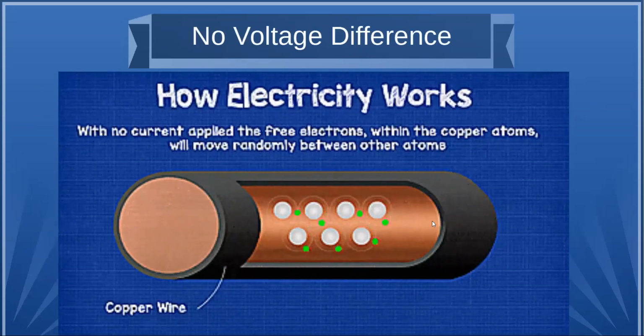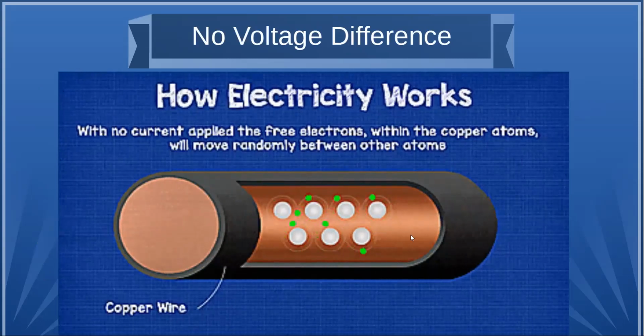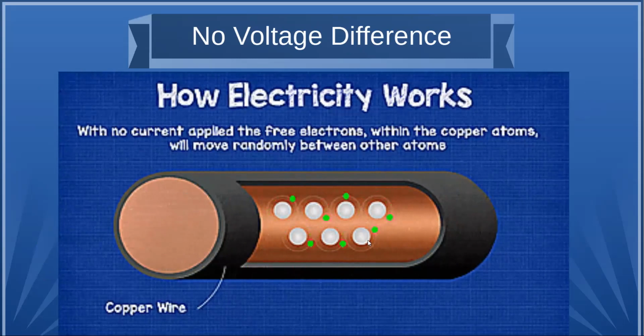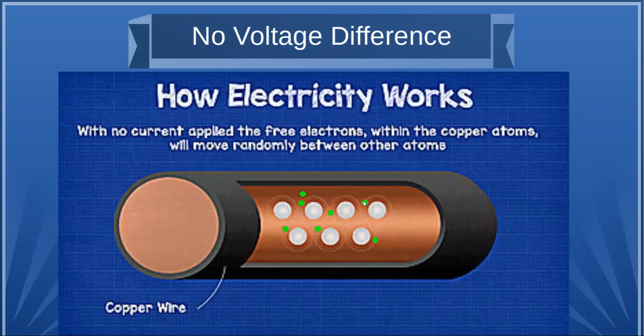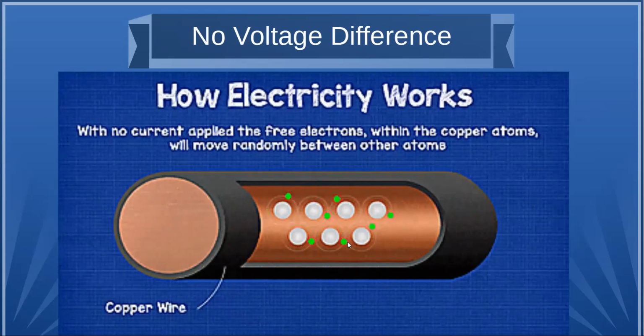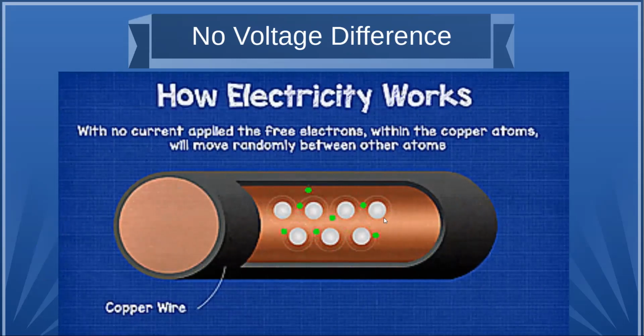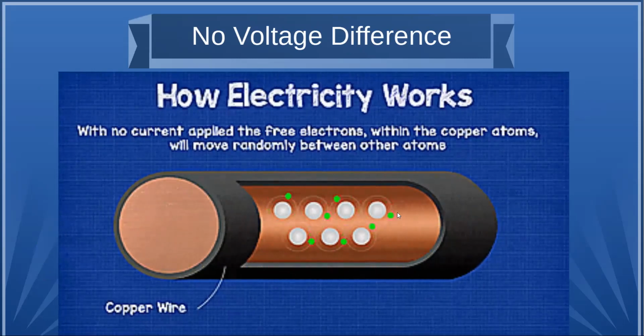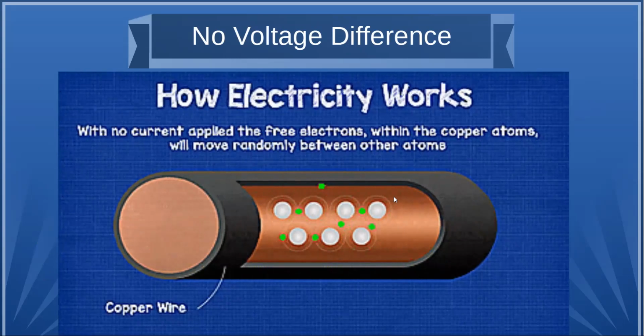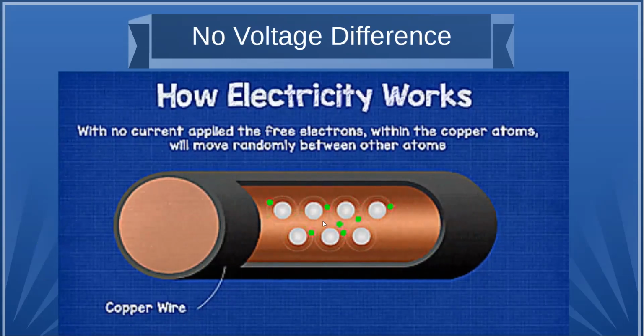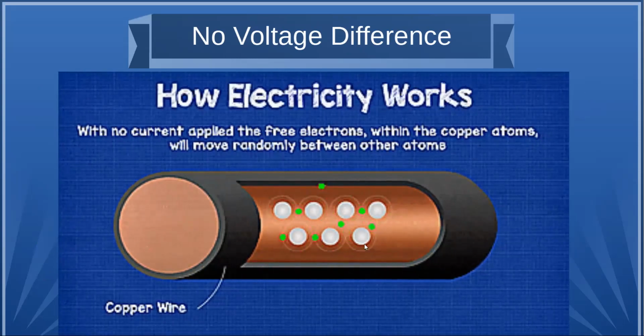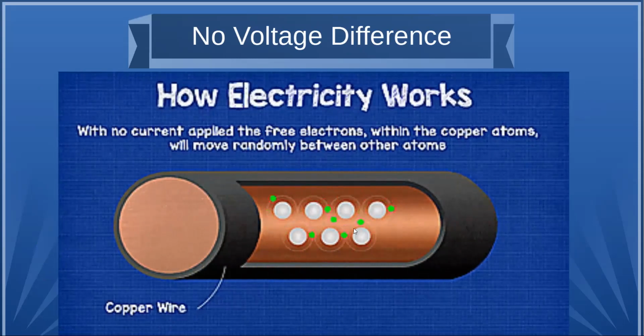Okay, here's a little animation showing a copper wire, and you have these electrons running around and going from one atom to another, and that's actually what happens. They're not static, and how fast that happens is a function of temperature.